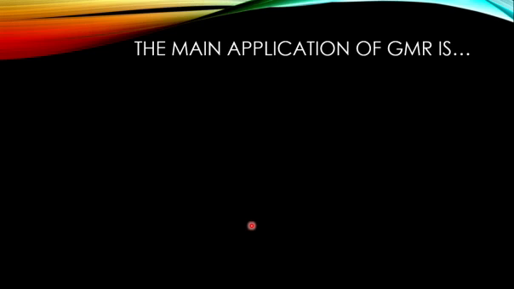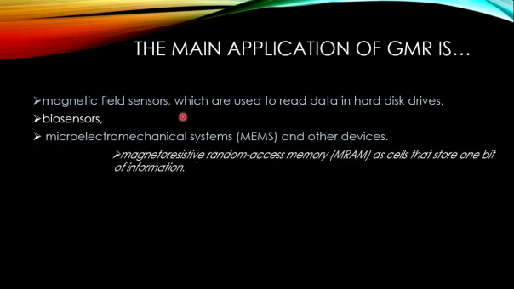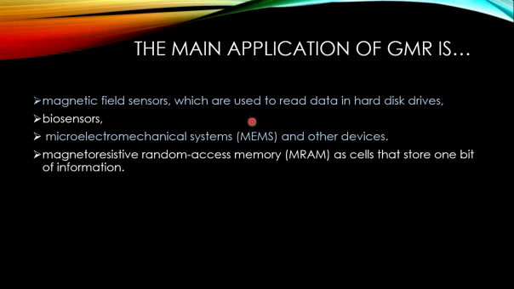Now what is the main application of GMR? GMR is actually used as a field sensor to read the data in hard disk drives. It can also act as a biosensor, in microelectromechanical systems, and in magnetoresistive random access memory.